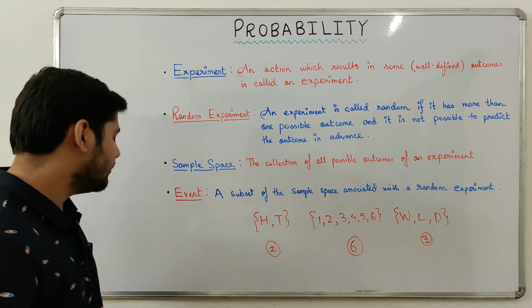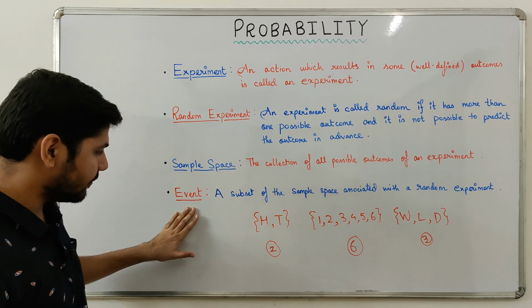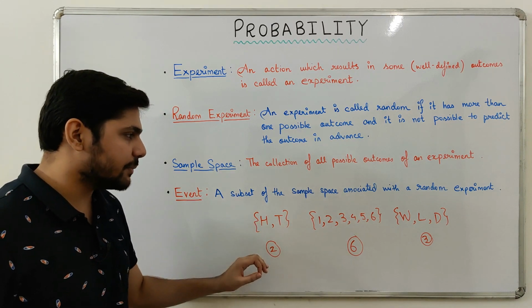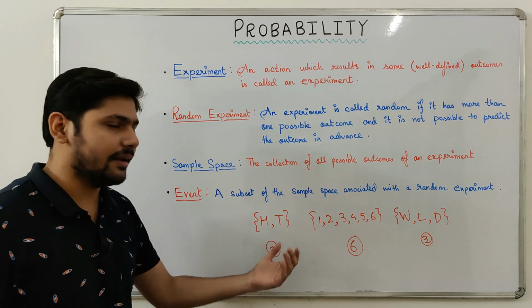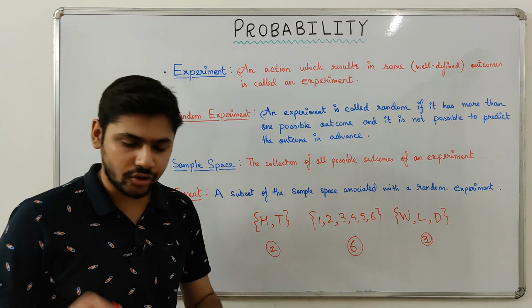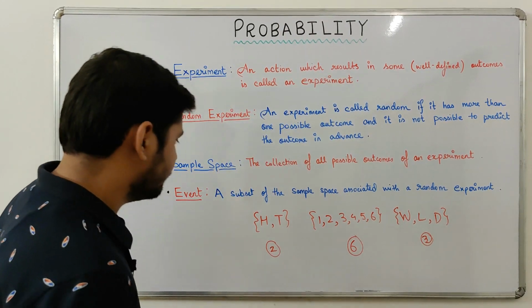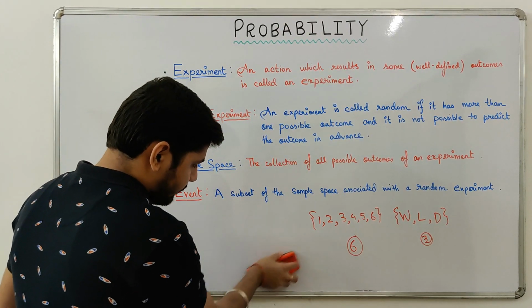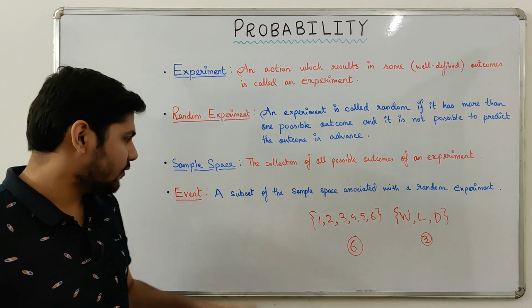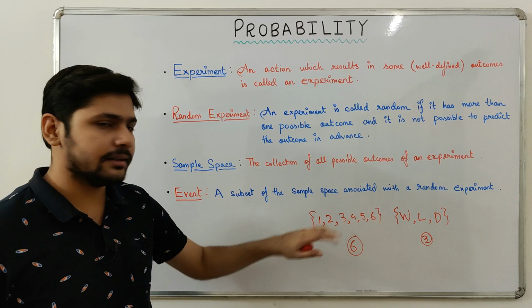Finally, the last term, which is event. What is an event? A subset of the sample space associated with a random experiment. Now it may sound very fancy, but it is not. So first of all, let us understand what a subset of the sample space means.